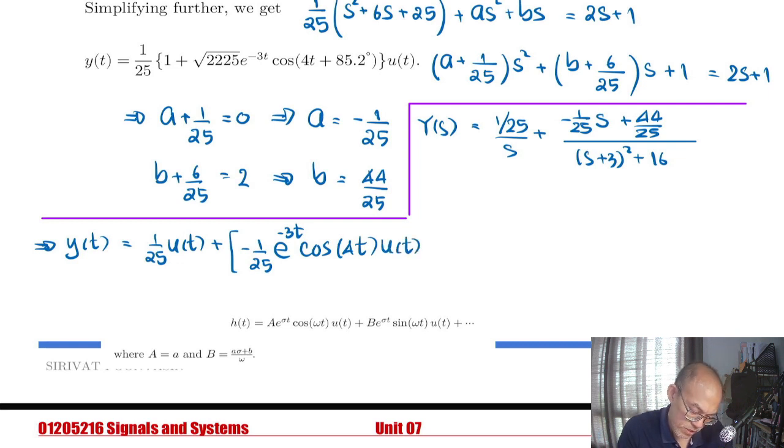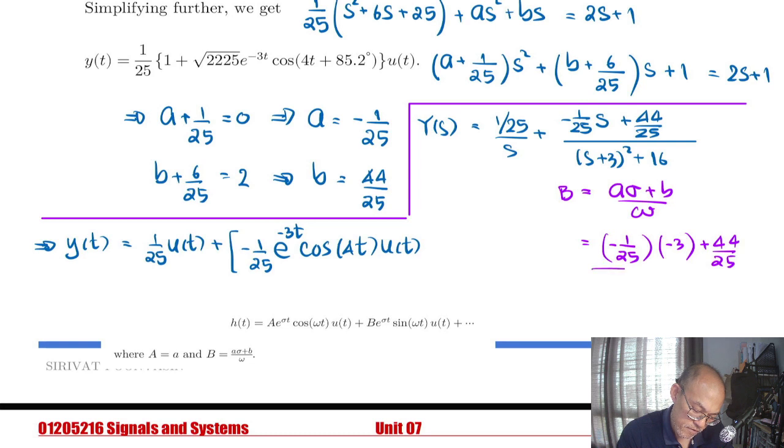Now B, what is B? B is A sigma plus small b divided by omega. That would be minus 1 over 25 times sigma, which is minus 3, plus b, which is 44 over 25, divided by omega, which is 4.